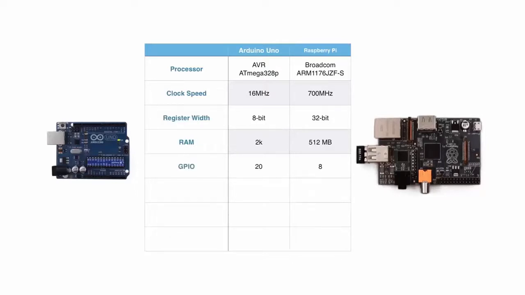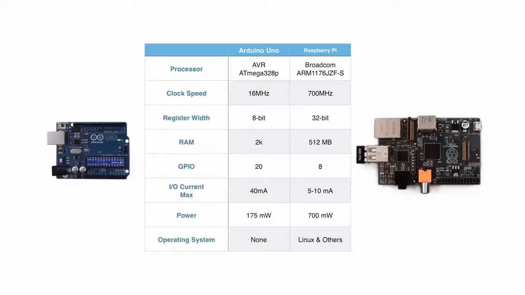Both have general purpose I/O or GPIO, but the Arduino can drive or sink up to 40 milliamps, while the Pi is really limited to more around 5 milliamps. In terms of power consumption, the Pi consumes more power than the Arduino, but always keep in mind what the project is going to have and what other hardware is going to be included. Lastly, remember that the Pi usually runs some form of Linux, while the Arduino has no operating system.